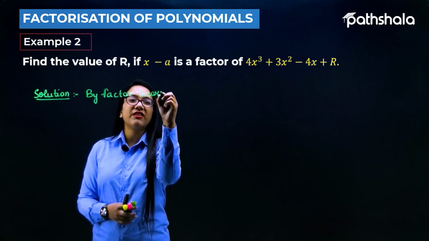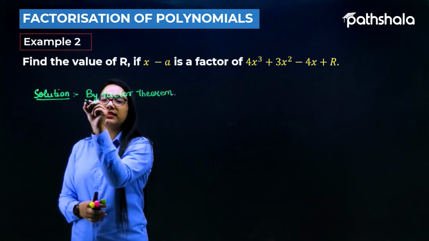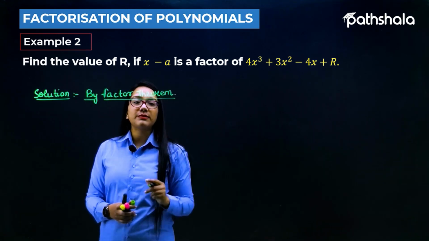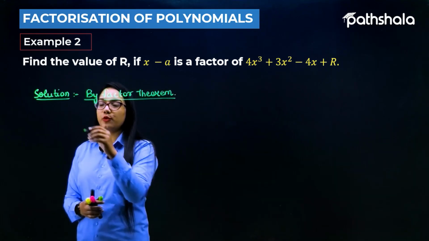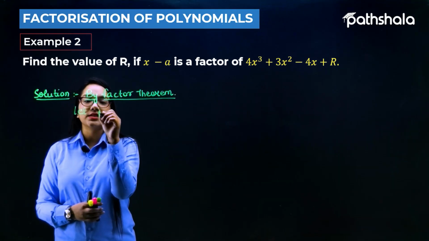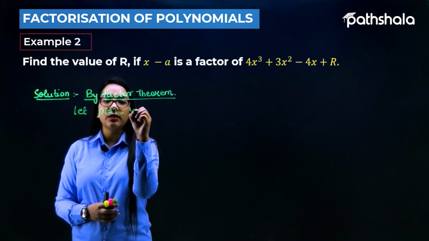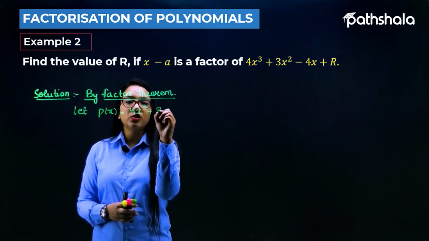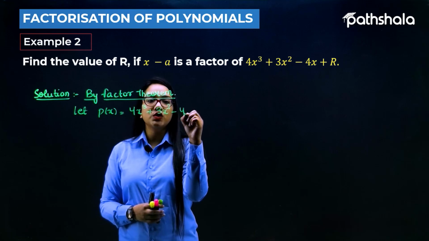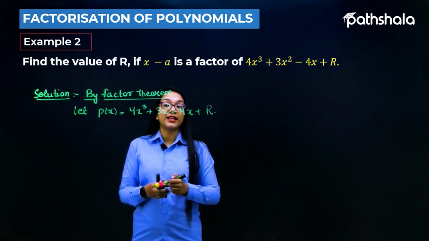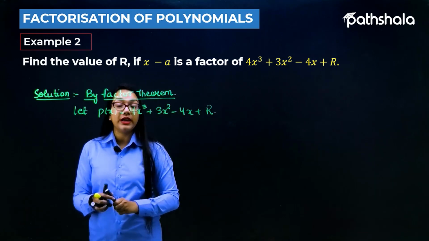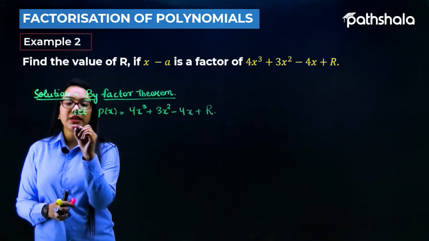What we can say is, if x minus a is a factor of this particular polynomial, suppose I'm calling this polynomial p(x), which is 4x cube plus 3x square minus 4x plus r.